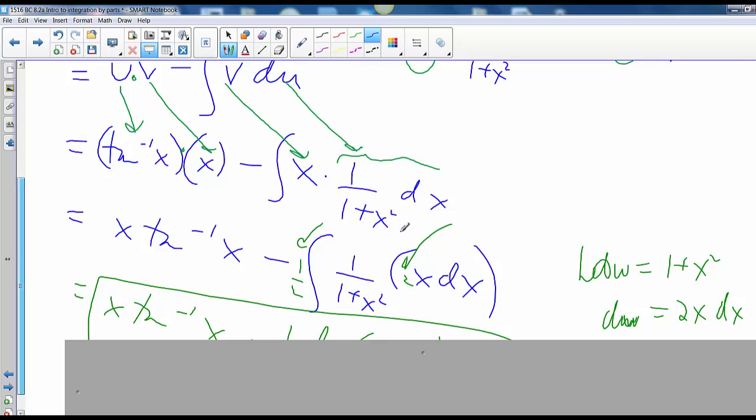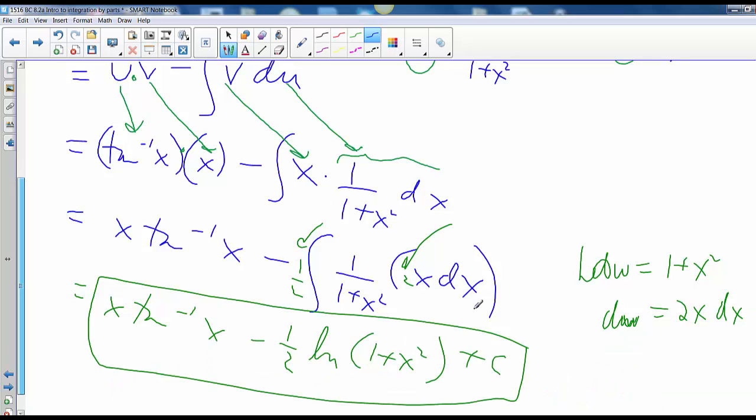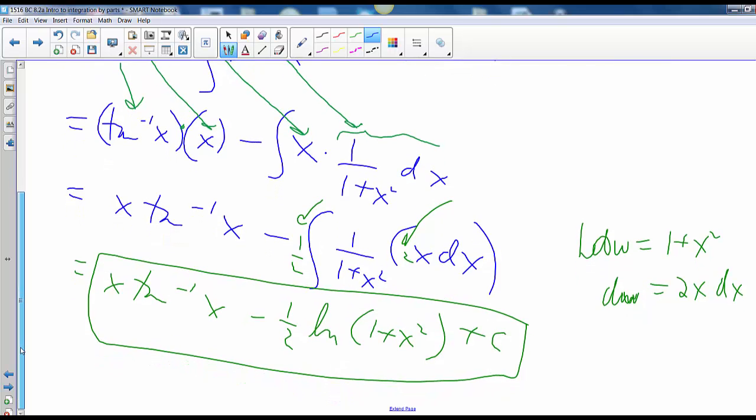All I need to do is introduce the 2, counteract with a half, and we are done. We have x inverse tan of x minus 1/2, and you're now integrating 1 over w dw, which is the ln of the absolute value of w plus c. But of course, this quantity is always positive, so we do not need to put the absolute values.